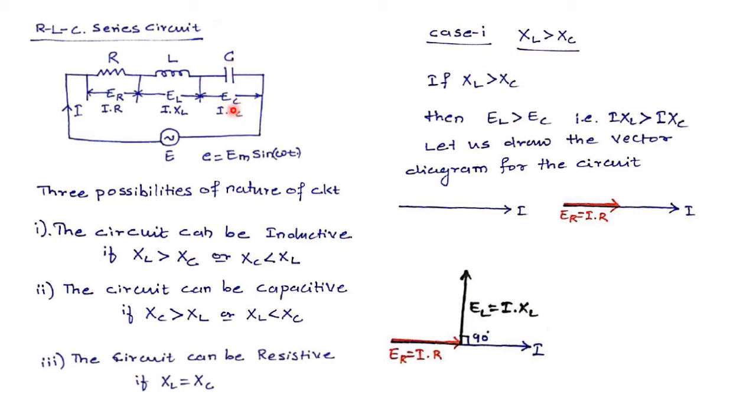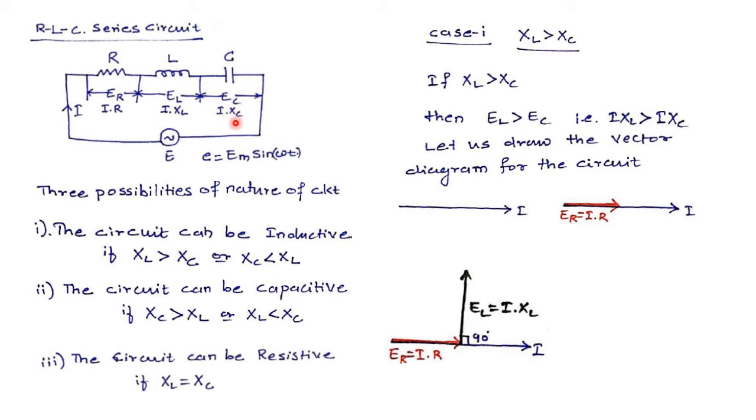Okay, like I discussed in the previous RC circuit lecture, the left plate will be charged with positive potential, that is higher potential, and the right plate will be charged with lower potential. When the potentials are marked, we see that the capacitor voltage EC will be opposing the source voltage E. Hence I consider the voltage across the capacitor to be the drop across the capacitor.